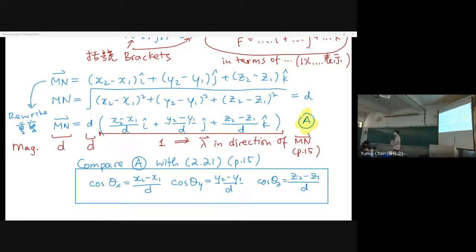What do we call this? What's the name of these three things? Anyone remember? These are cosines, so these are called direction cosines. Okay.